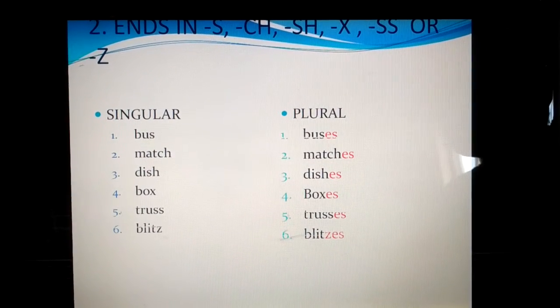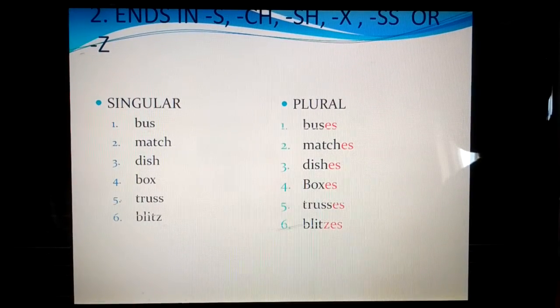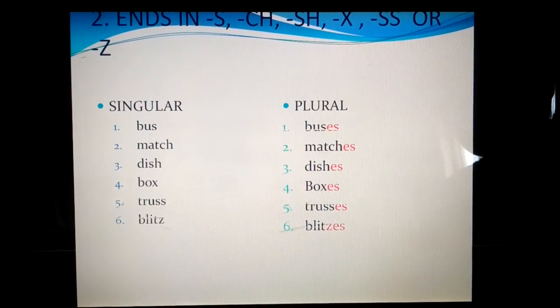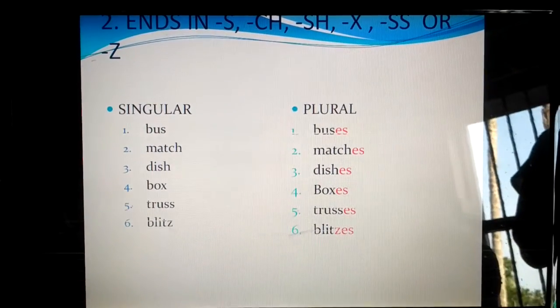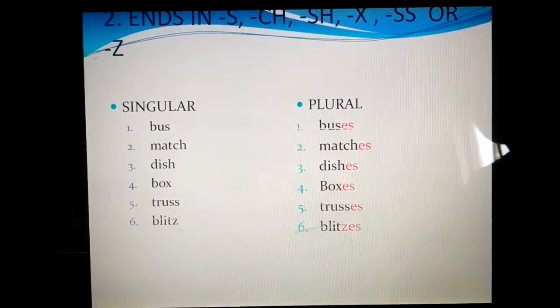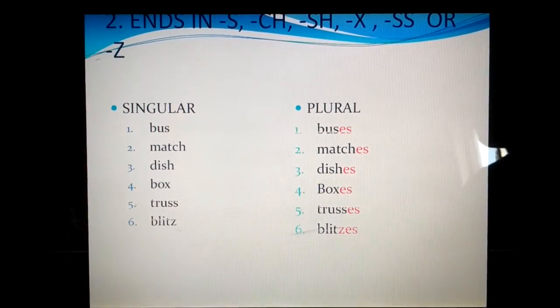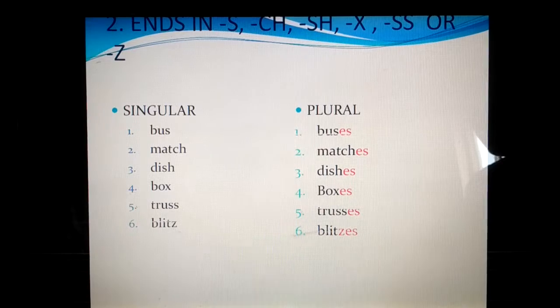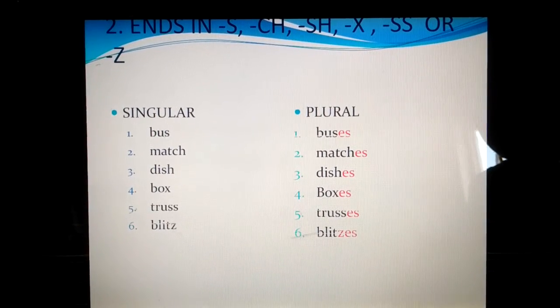At the end of the word there is z, blitz, and the plural form will be blitzes. So students, it's not possible to explain the meaning of each and every word. If you don't know the meaning of any noun, ask me in the comment box.